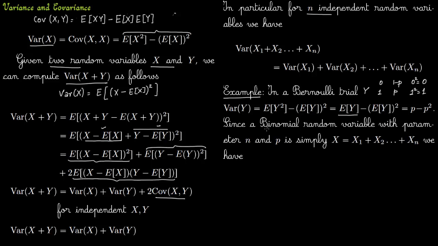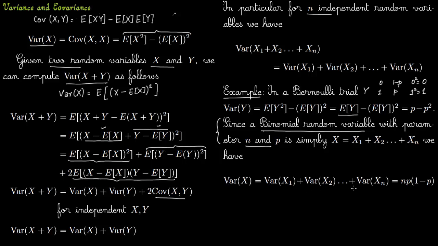Now as we mentioned before, a binomial random variable with parameters n and p is simply x, which is the sum of n Bernoulli random variables. So this is an important fact, that a binomial random variable is the same as summing up n independent Bernoulli random variables, or n independent Bernoulli trials. So what is variance of x? Variance of x is variance of x1 plus variance of x2 all the way to variance of xn.